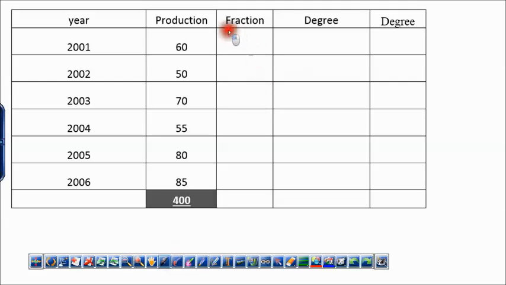To convert to fraction you have to do 60 upon 400, 50 upon 400, 70 upon 400, 55 upon 400, 80 upon 400, 85 upon 400.